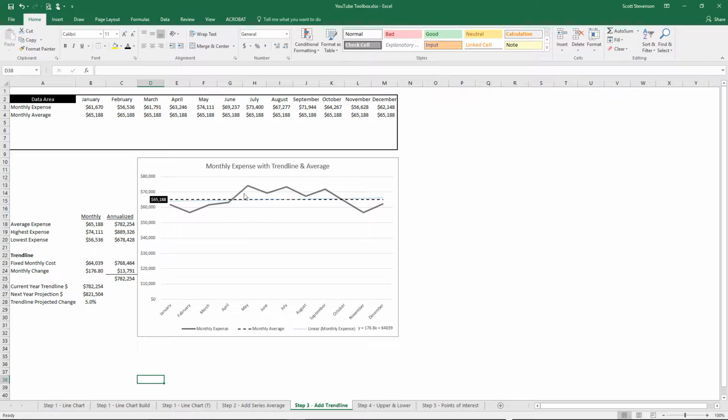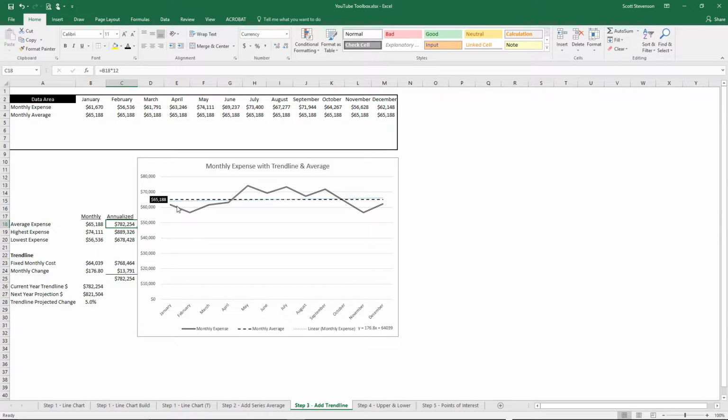The trend line takes all the data. It looks at the total expense that is incurring throughout the period by these individual data points, and in this case equals 782,254 for the year, and it plots a straight line.